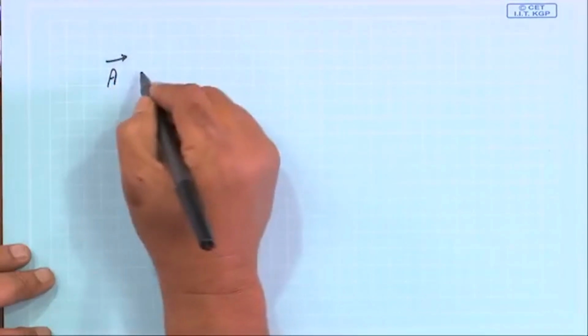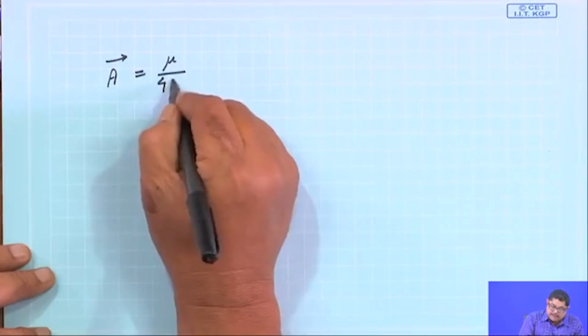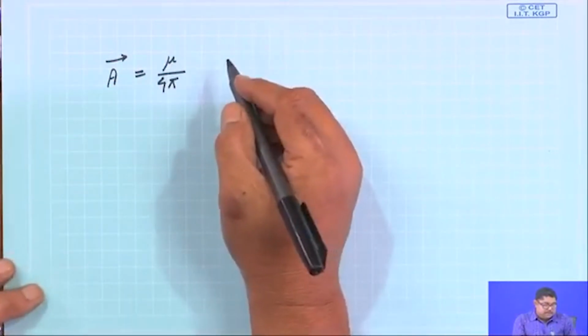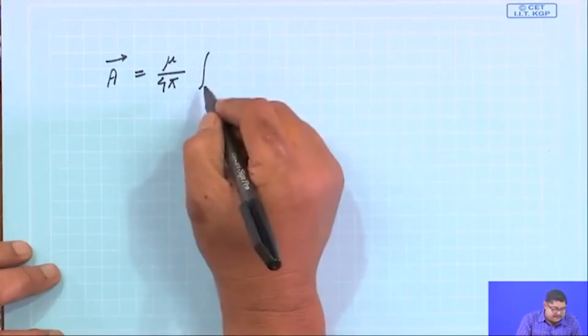So, A we know, and already previously we have found the relation between A and Iz, which is an integral relation.